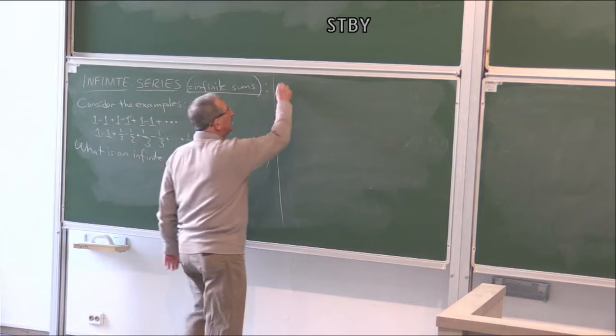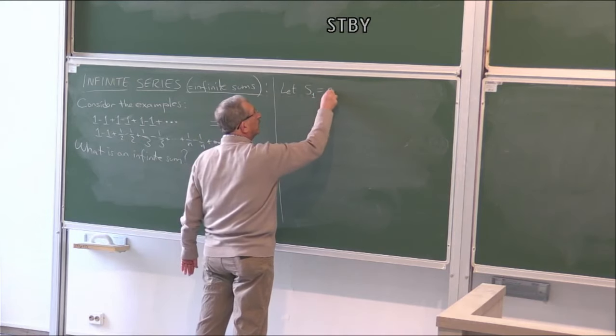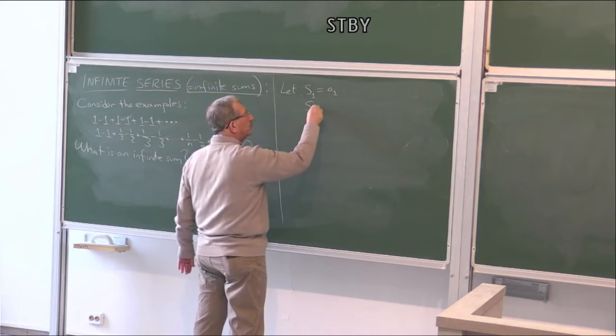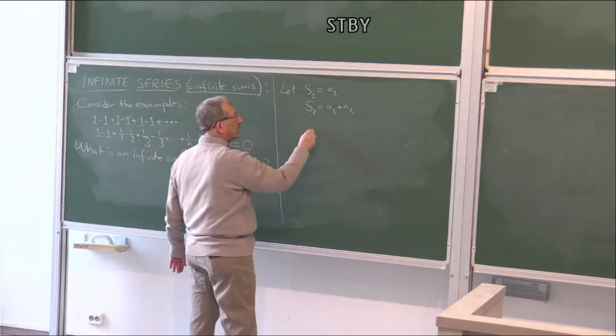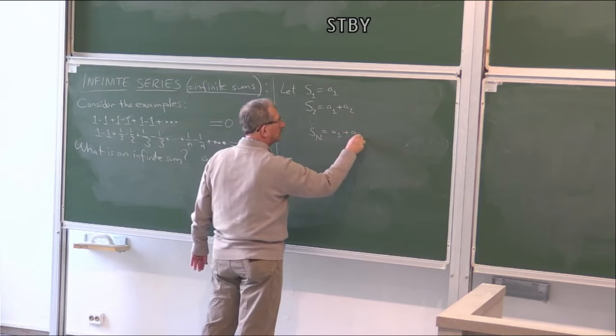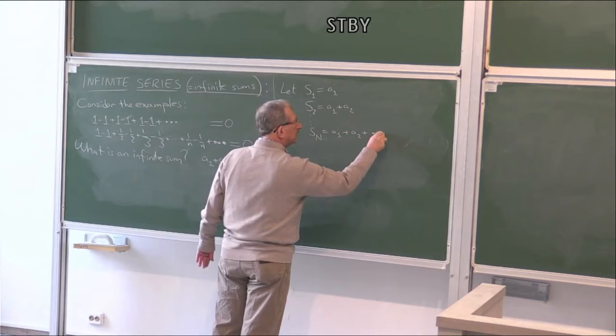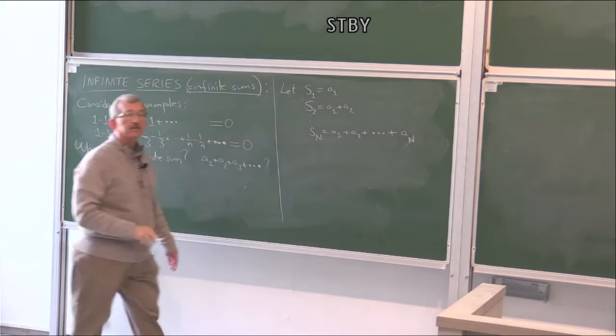So, let S1 be A1, S2 be A1 plus A2, Sn be A1 plus A2 plus ... plus An. All are finite sums.